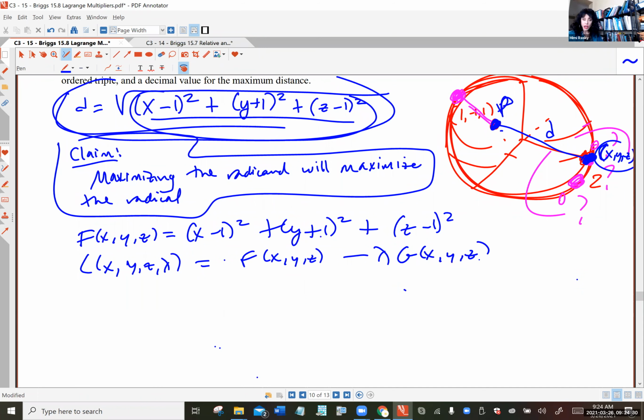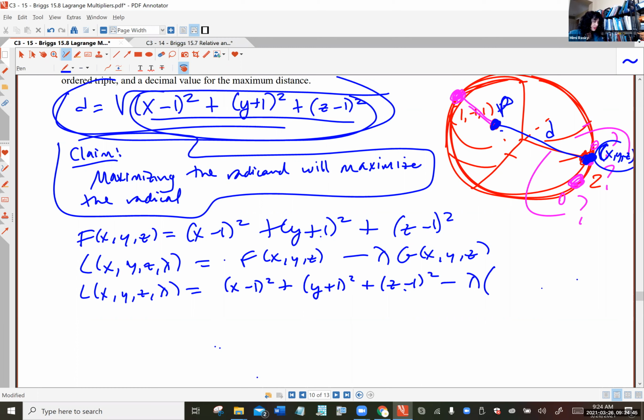Lambda is our Lagrange multiplier. So this function of 4 variables will be x minus 1 squared plus y plus 1 squared plus z minus 1 squared minus lambda times that sphere. The sphere is our constraint because the point has to be on the sphere.